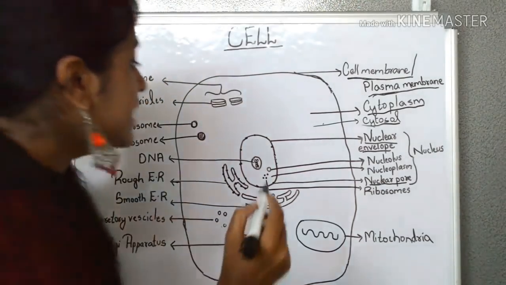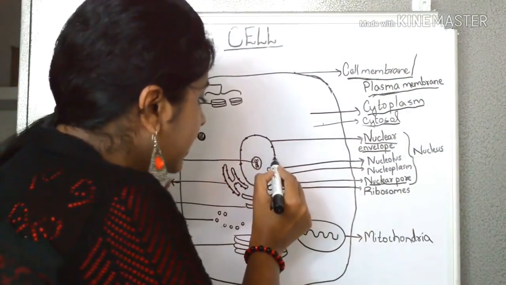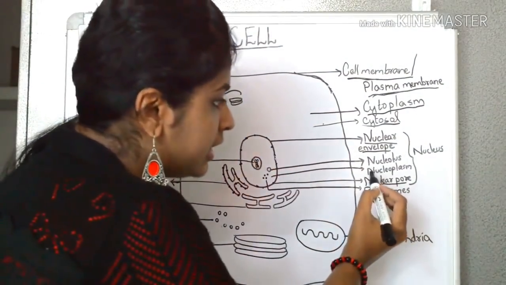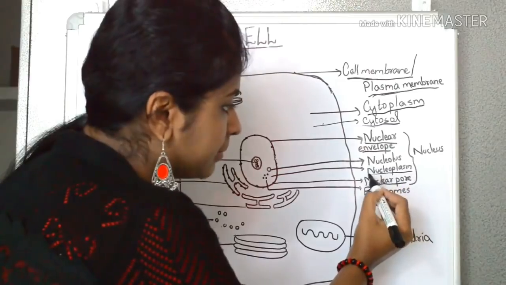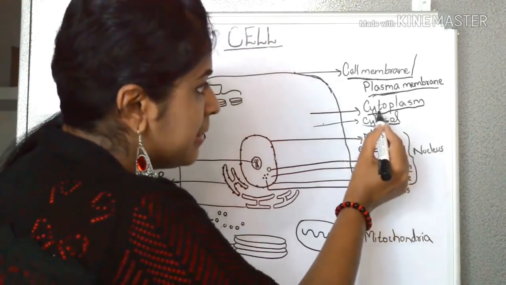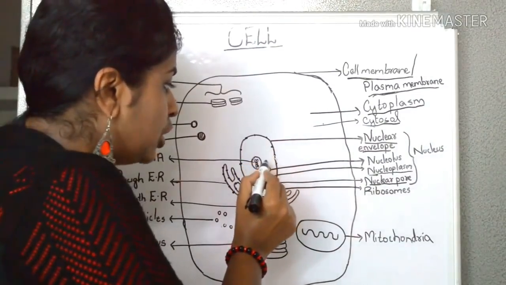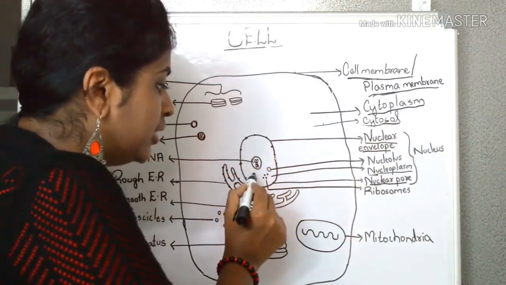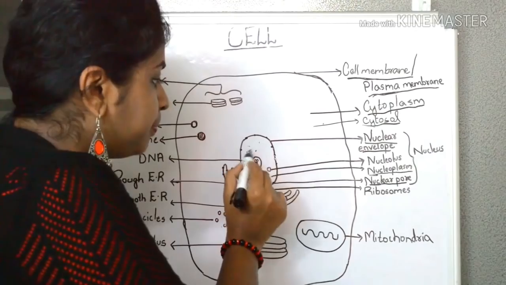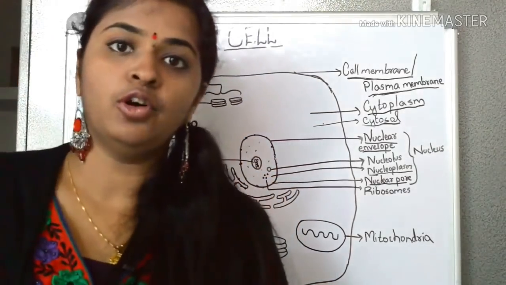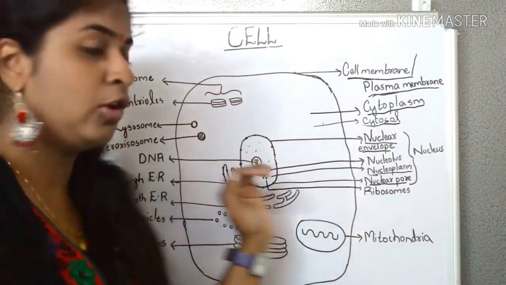And inside the nucleus there is a material called nucleoplasm. This nucleoplasm is the same as cytoplasm. This nucleoplasm will be present inside the nucleus so that it will help the particles to float.